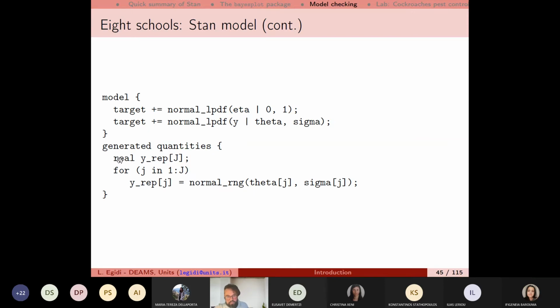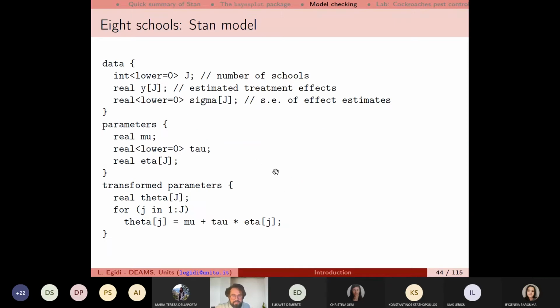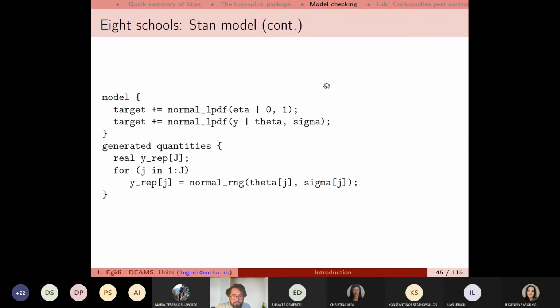In this case, I'm using the notation real Y-rep j, where for each j, Y-rep j is a normal with theta j and sigma j. Pay attention to this, because this is basically the same thing which is defined in the model block.